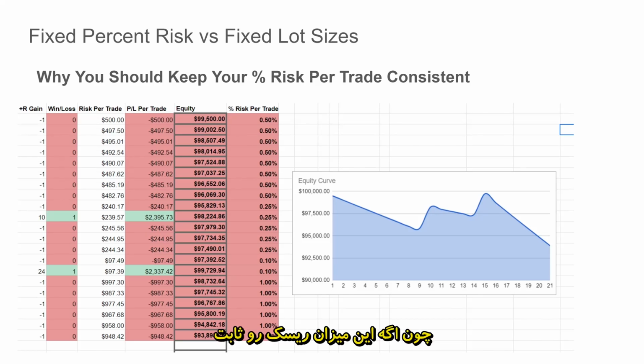I think if we had just left this static, our risk per trade, we actually probably would have ended up positive, right? Let me quickly check. I have the Excel sheet on the side here. I'll quickly show you guys. Let's just see what happens. Yeah, we would have been up quite a bit here. I'll take a picture of it so you guys can see.